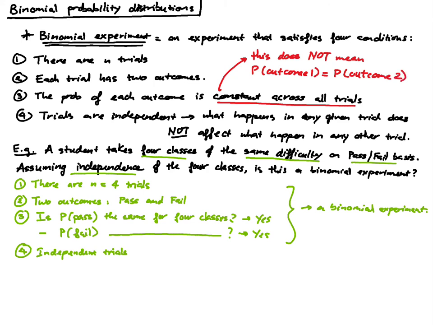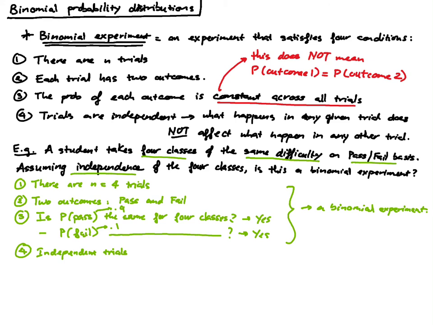For example, it's entirely possible that the 4 classes that the students take are super easy. So if the probability of passing is say 0.9 and the probability of failing is 0.1, this is still a binomial experiment as long as the 4 classes are of the same difficulty.